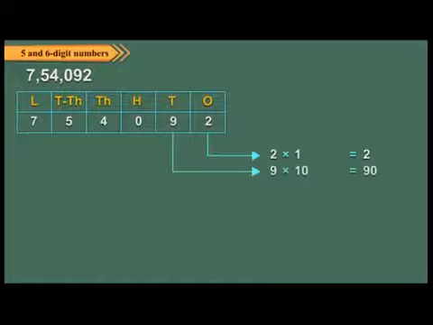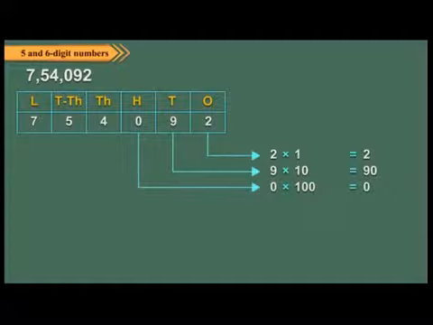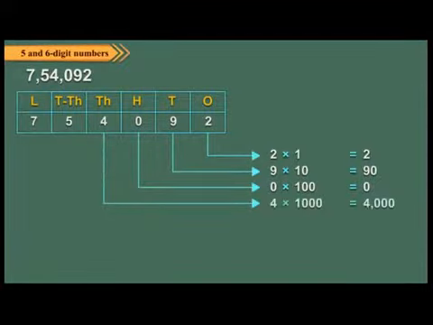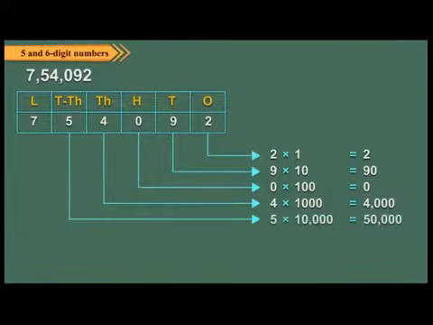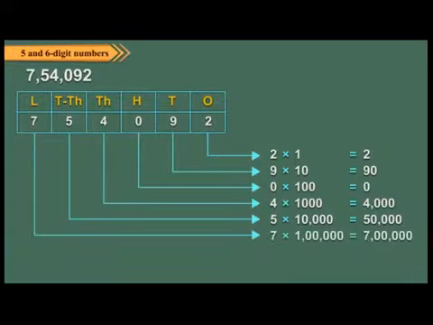9 is at tens place, so its place value is 9 tens, which is 9 into 10 equal to 90. 0 is at hundreds place, so its place value is 0 hundreds, which is equal to 0. 4 is at thousands place, so its place value is 4 thousands, which is equal to 4,000. 5 is at 10,000s place, so its place value is 5 ten-thousands, which is 5 multiplied by 10,000 equal to 50,000. 7 is at lakhs place, so its place value is 7 lakhs, which is 7 multiplied by 1 lakh, equal to 7 lakhs.